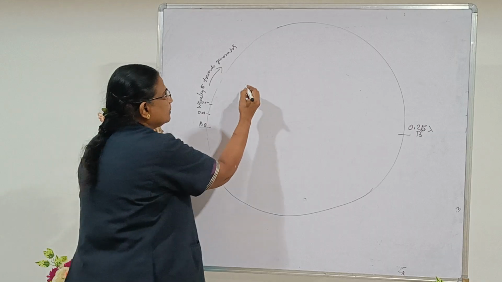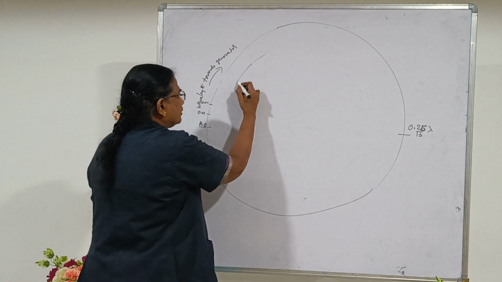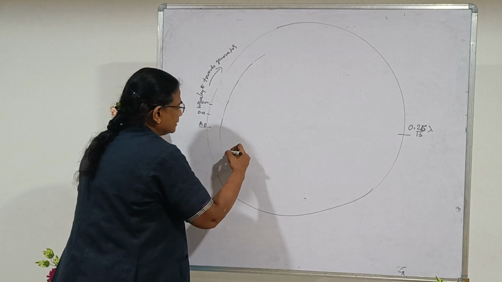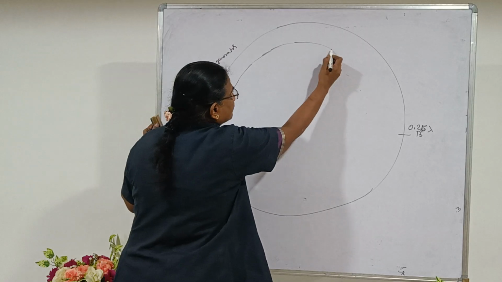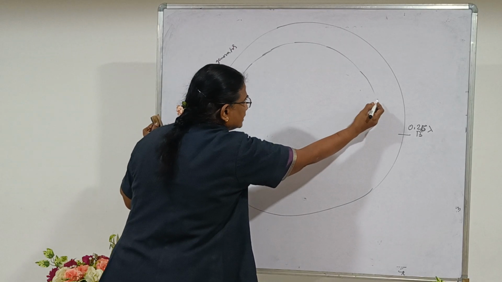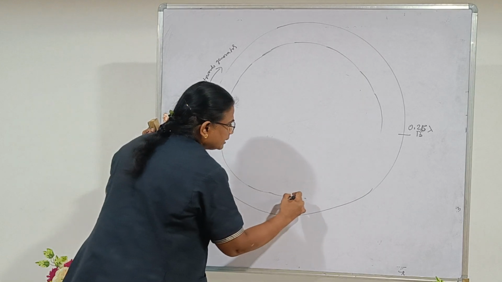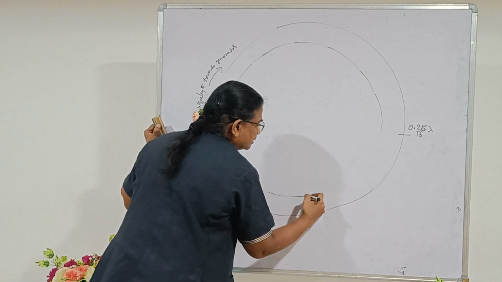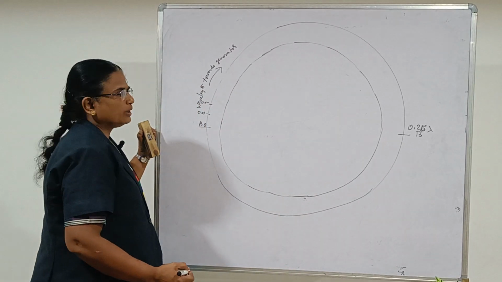Next you will have another circle, which is the angle of reflection coefficient. The reflection coefficient is a complex quantity, so you will have the magnitude of the reflection coefficient and the phase angle of the reflection coefficient.